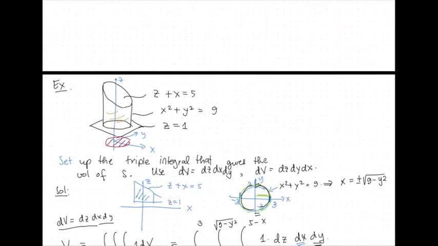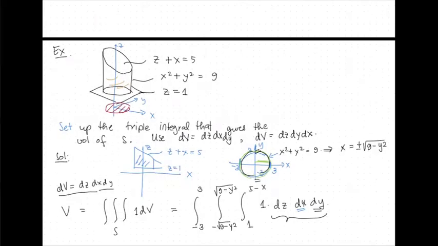So for example, your solid is like a cylinder like this. Its shadow you can easily, intuitively get from the problem.